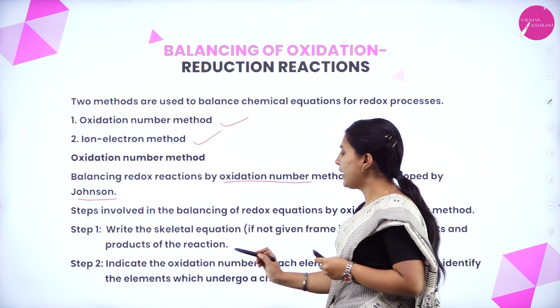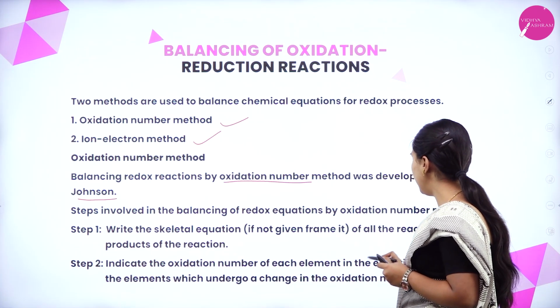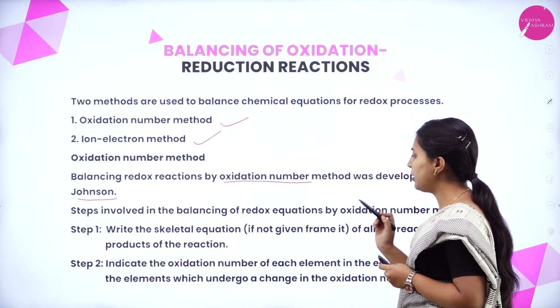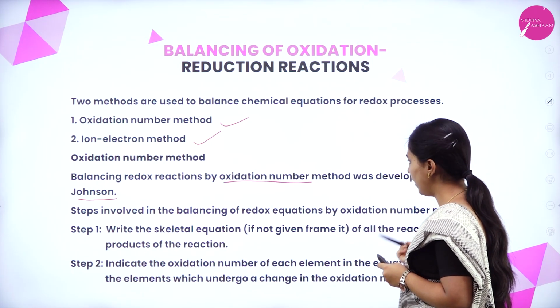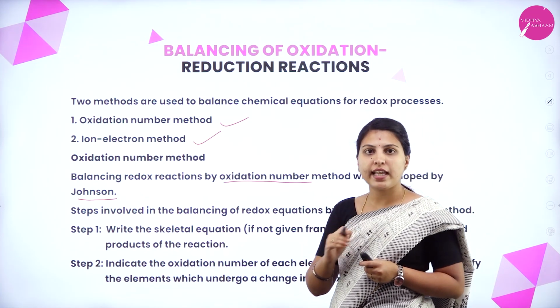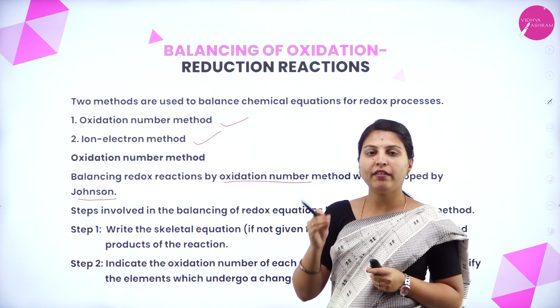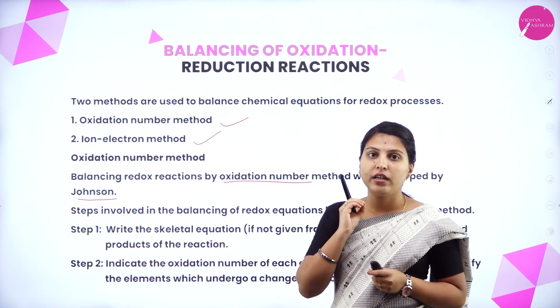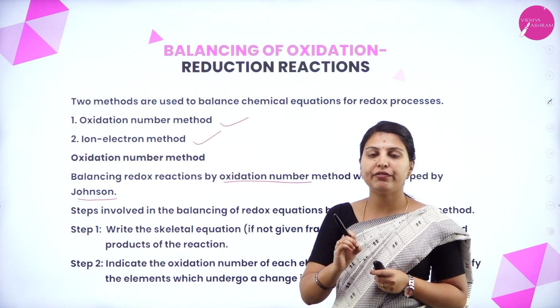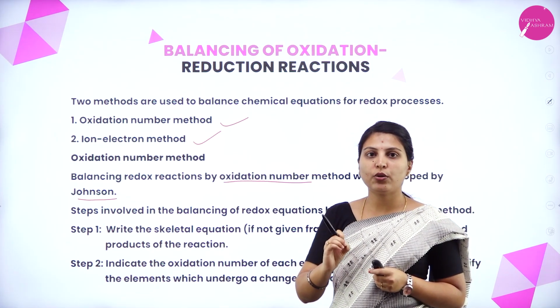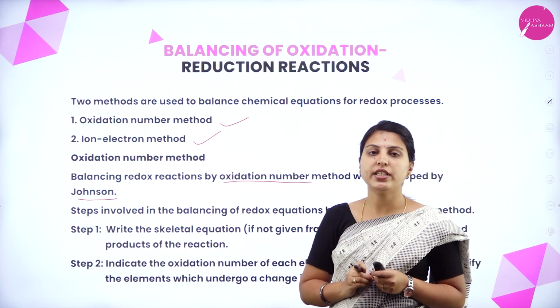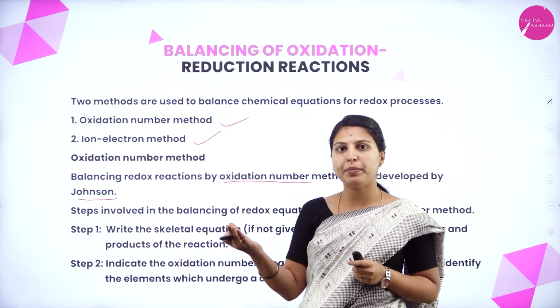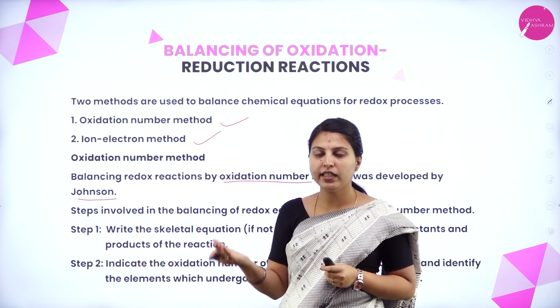Step 2: indicate the oxidation number of each element in the equation and identify the elements which undergo a change in oxidation number. After writing the skeletal chemical equation, you have to write each element's oxidation number, and identify which element is undergoing a change. Sometimes copper is in +2 on the reactant side and goes to the +1 state on the product side.